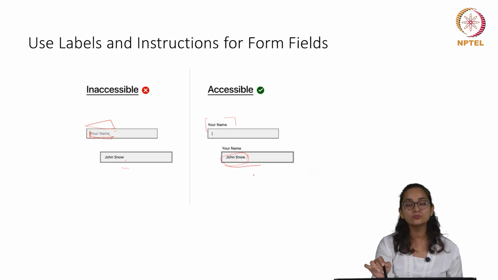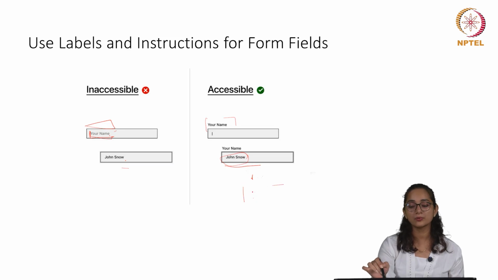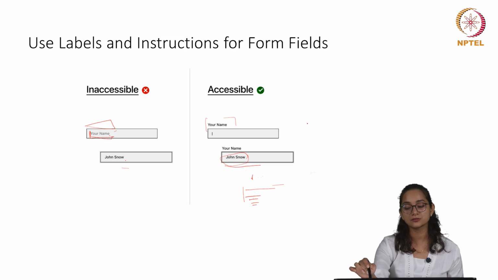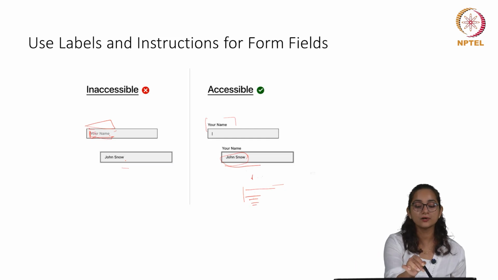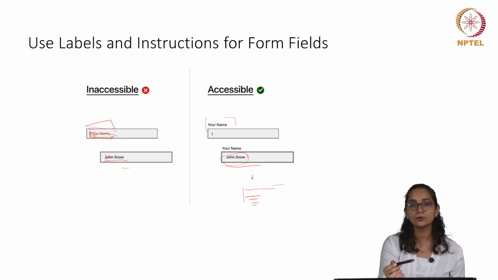Many a times you would feel that probably in case of a name it is trivial information and you will definitely be able to recall, but what if somebody else is filling it for you, or there are other longer forms where it is like education and so on. If it is education 1 and you fill it, education 2 you fill it, and you forget what it was asking, then it becomes difficult to review the form also.